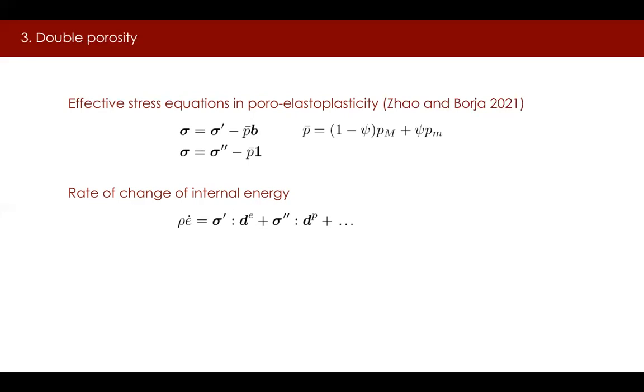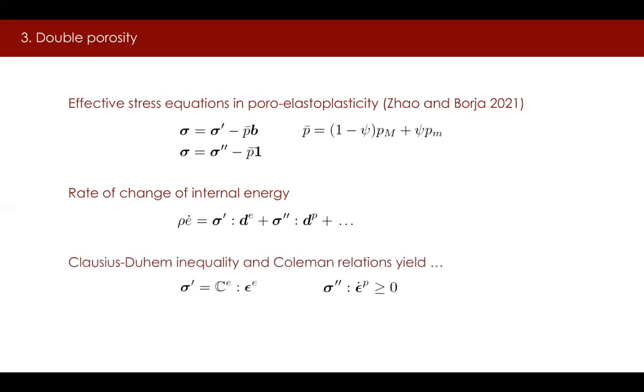In this equation, D is the rate of deformation tensor. The Clausius-Duhem inequality, along with the Coleman relations, then result in the generalized Hooke's law in terms of sigma prime and the dissipation inequality in terms of sigma double prime. This development suggests that the plasticity framework must be formulated in terms of sigma double prime.